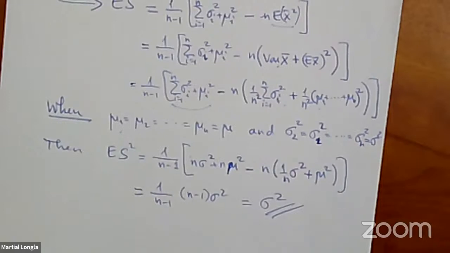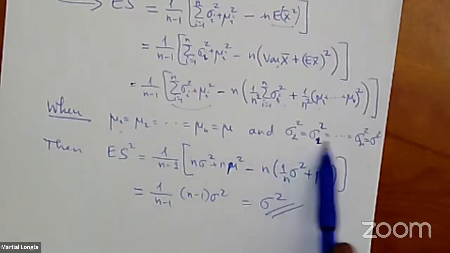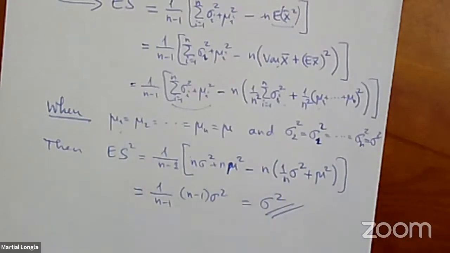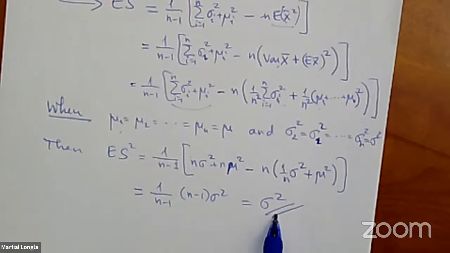So you shouldn't always say that the expected value of the sample variance is equal to the variance. It's not always true. It's true here because all of this is true. Remove those assumptions, you don't have it. The second thing is that here we are assuming the variables are uncorrelated.